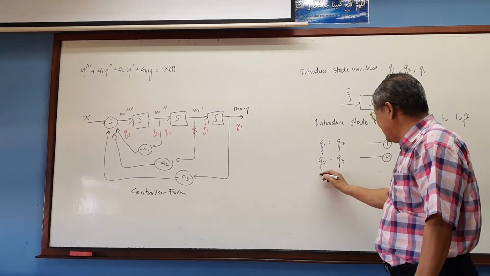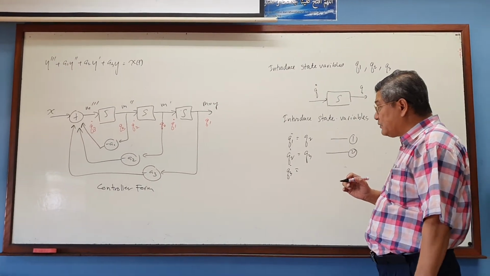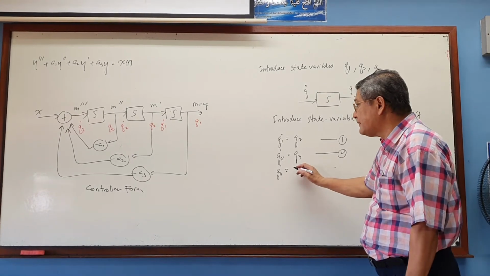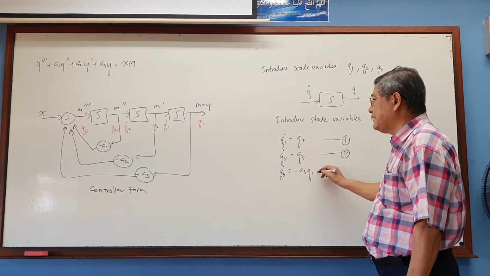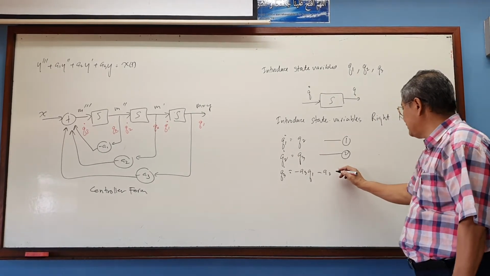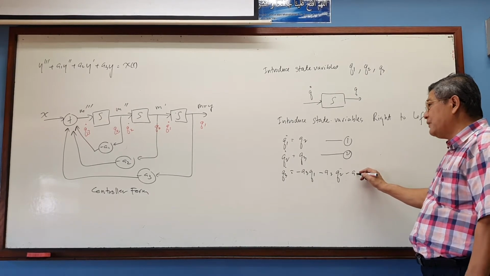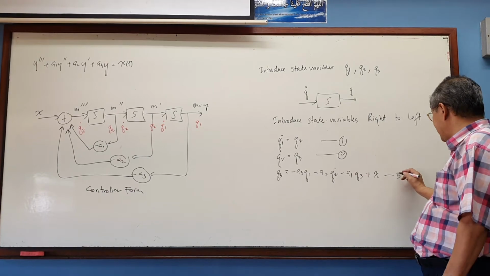Then Q3 dot will be equal to minus A3 Q1 minus A2 Q2 minus A1 Q3 plus dx.